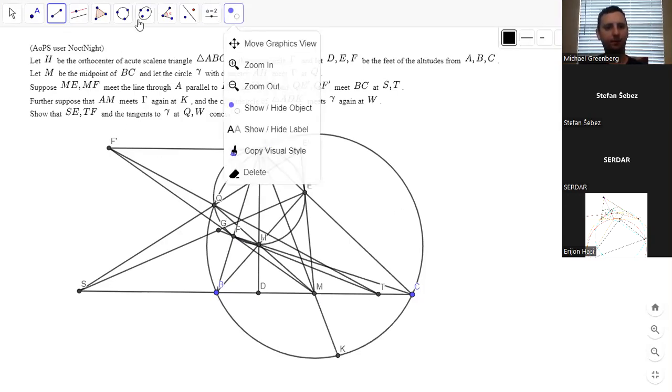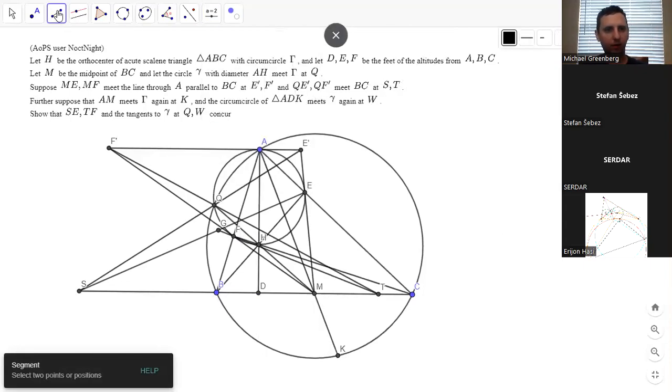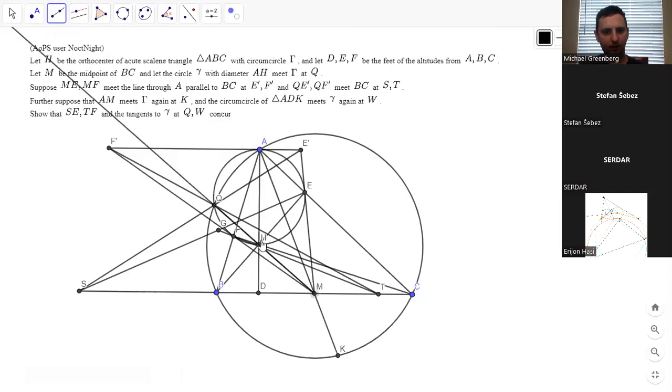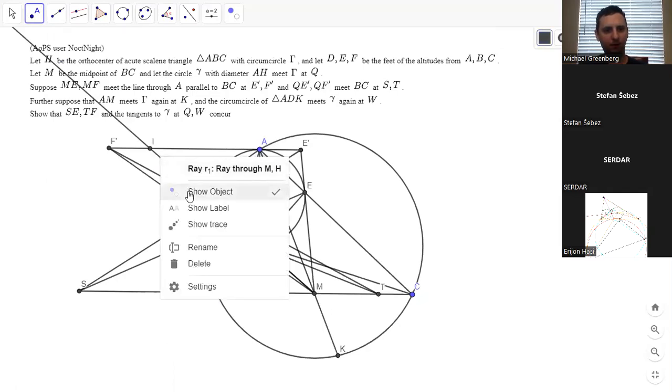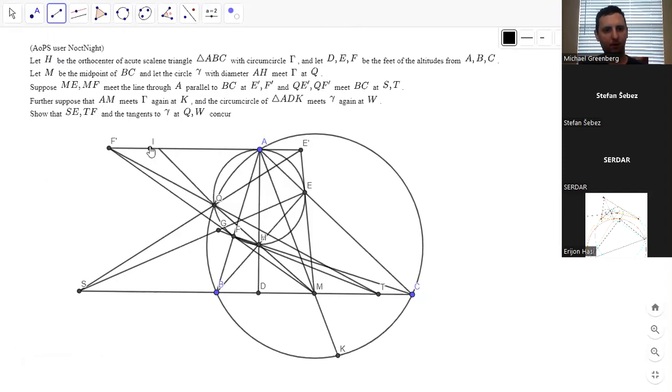Yeah. It's well known that F prime I equals AE prime. Okay. So let's think about that.